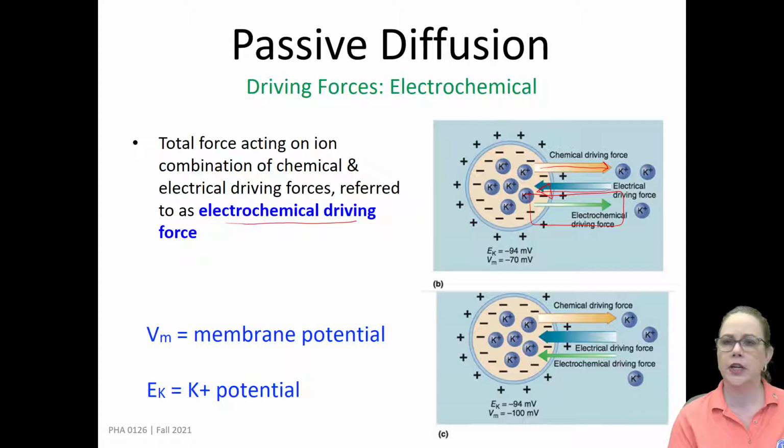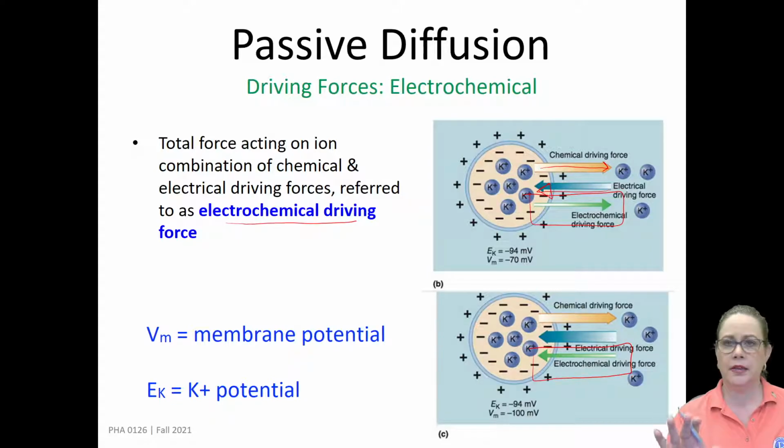As you change the charge difference between the inside and outside of the cell, that electrical driving force can get stronger or weaker. In our top panel, we see the net electrochemical driving force moving potassium out of the cell. In our bottom, it's going to be moving into the cell.